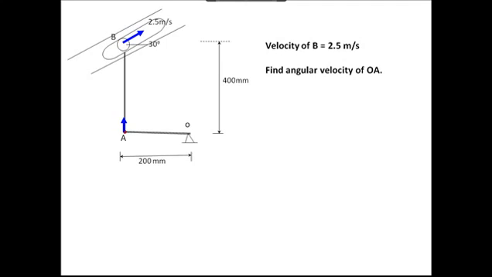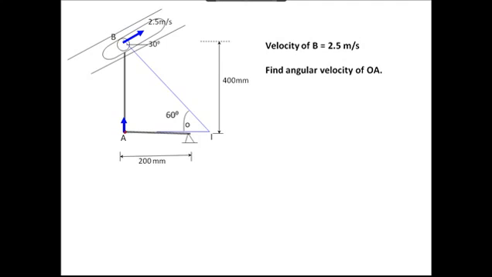So what happens on the link AB, we have known velocity direction for point A and point B, and therefore by drawing perpendicular to these two velocities, we can locate point I, which is the instantaneous center for AB.